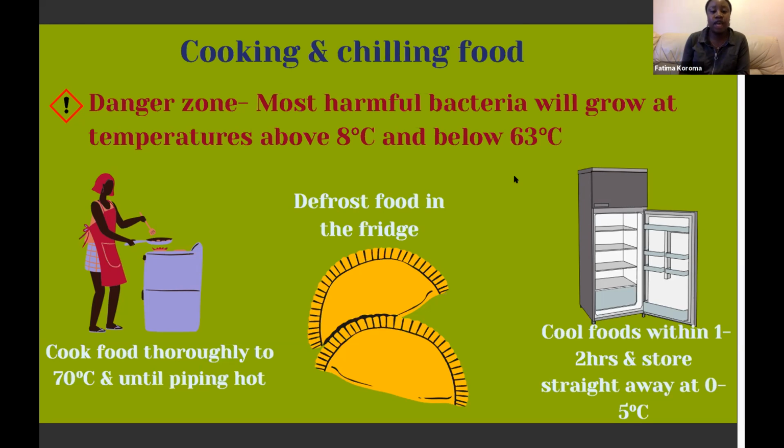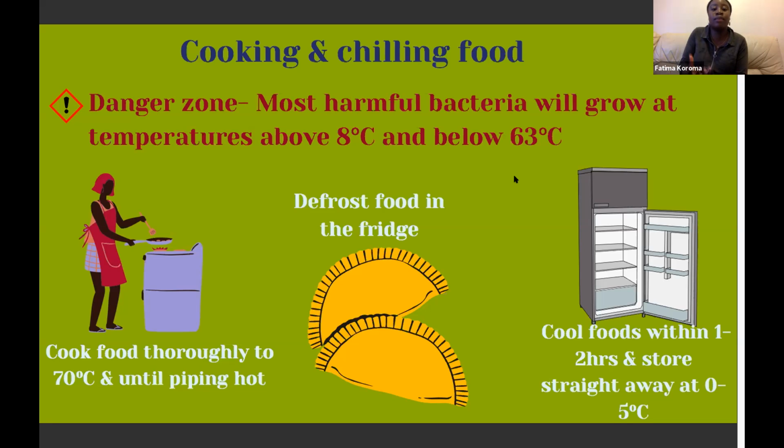So what do we suggest? I suggest cooking food thoroughly up to 70 degrees Celsius, so above that 63 degrees Celsius. Some people may laugh at me and say they don't have a thermometer. Okay, I understand that, but what you can do is cut the food in the middle to see that it is piping hot.